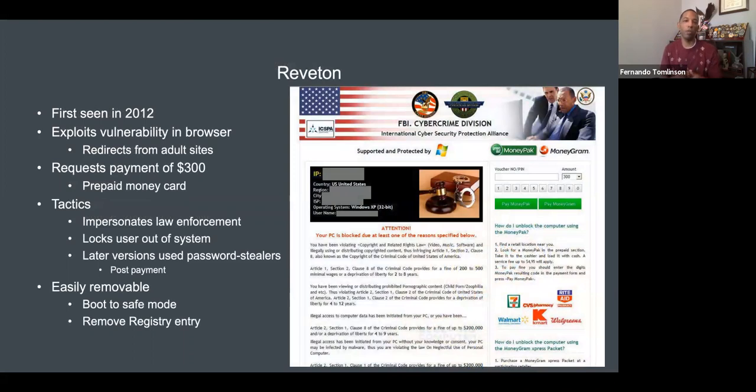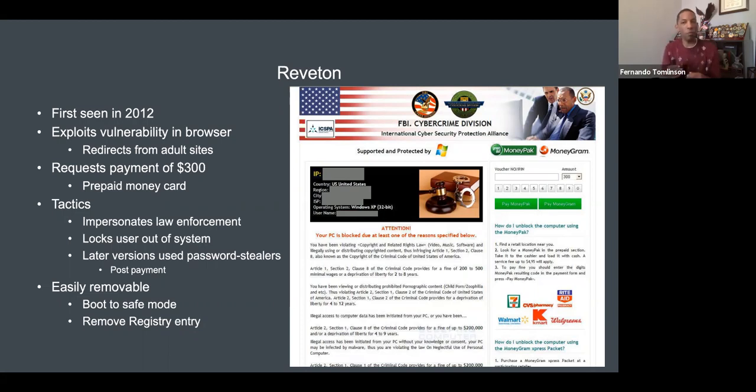So that brings us to Reveton. Reveton was first seen in 2012, and it exploited a vulnerability in the browser. And when it did so, it presented a page which made you feel like it was legit. So in this case, this is showing the FBI Cyber Crime Division, rather, and it's telling you you've done all these things and all the other stuff, right?